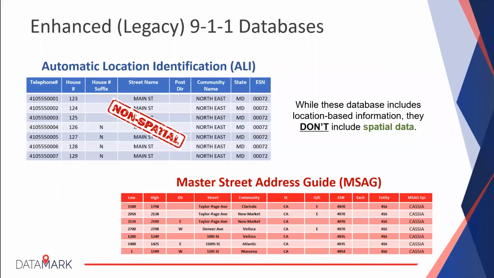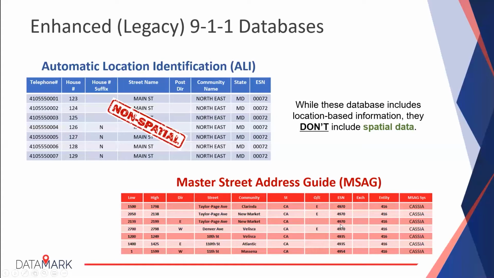So in the next generation 911 environment, your road centerline will be queried for the location, and then a query will happen to a PSAP boundary polygon, that point and polygon spatial query. In the legacy environment, because these are tabular databases, the MSAG actually assigns to your ALI location what 911 center that call is supposed to receive.